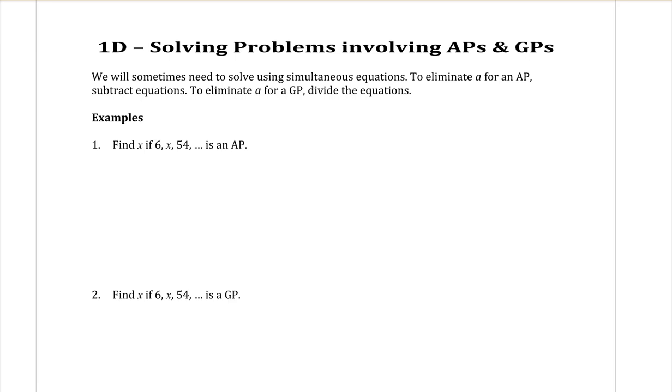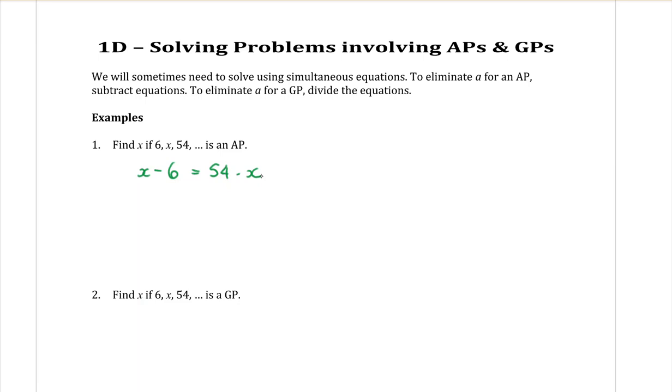So that would be X minus 6. But that would also be equal to 54 minus X. Both of those things work out the difference. So if I make them equal to each other, I can solve that for X, right?